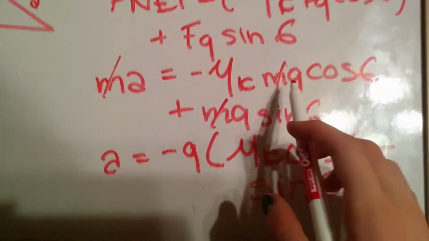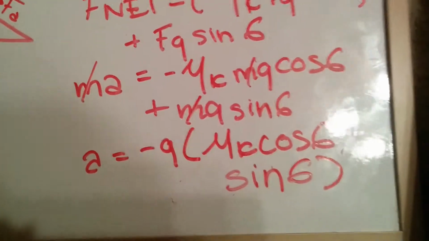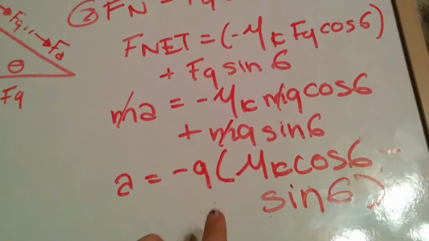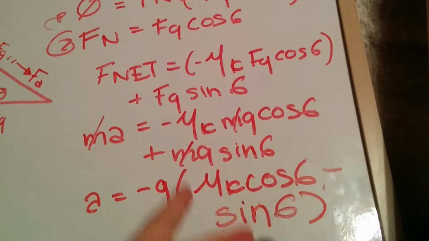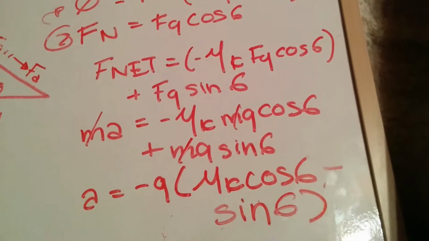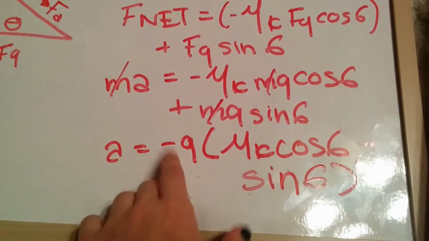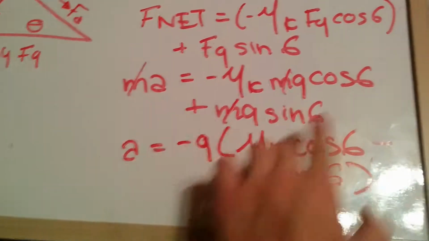As we expand, we realize we don't have the mass, but it's not necessary because we'll just cancel it out. And what we're left with is acceleration equals the negative force of gravity multiplied by the coefficient of kinetic friction cosine of 6 minus the sine of 6. The reason that we have negative gravity here is that we just factored it out of this whole big equation.